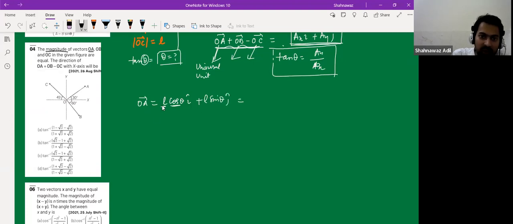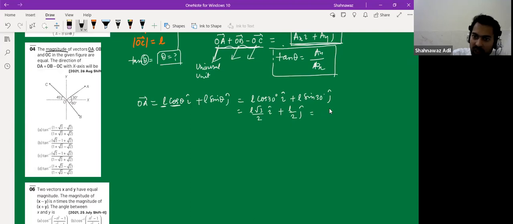So it is L cos 30 i hat plus L sine 30 j hat. Cos 30 is root 3 by 2, and sine 30 is half.